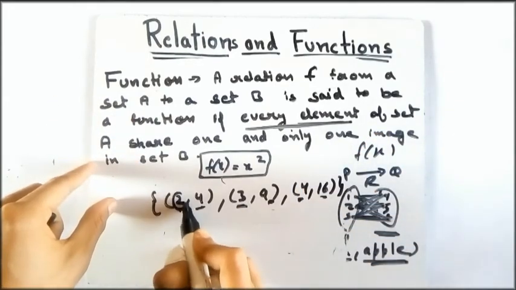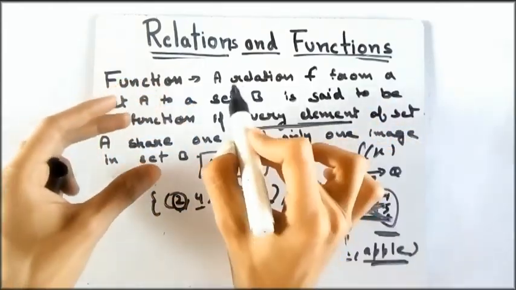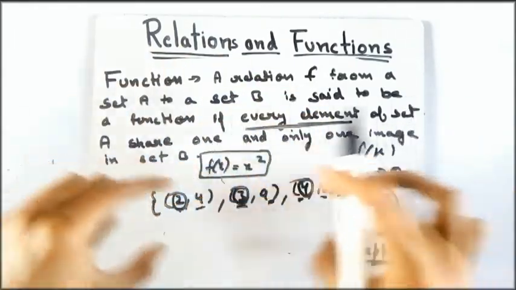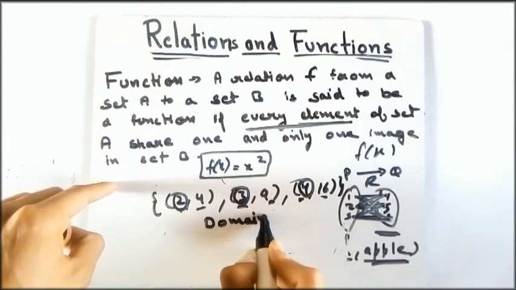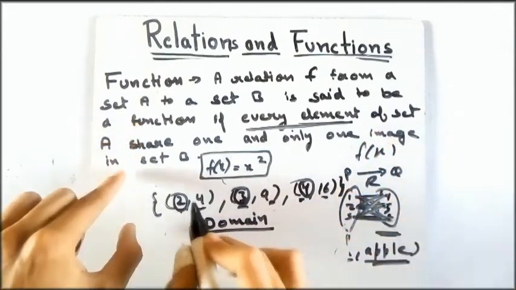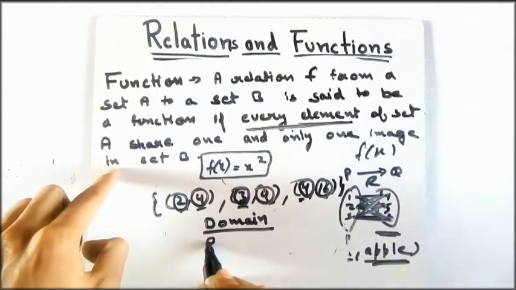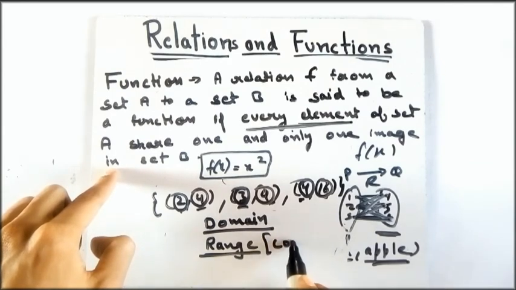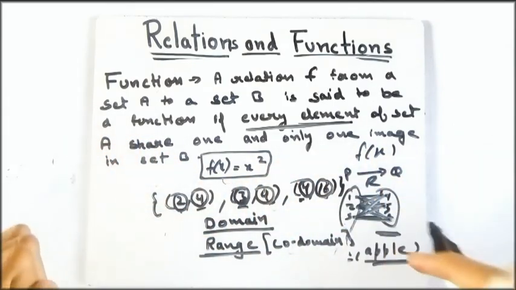These first elements of a relation, I will call it a relation, not a function, because a function is also a relation, are known as the domain of the relation, and these second elements are known as the range of the relation, and this range is also known as the co-domain. This was also important, that's why I told you.